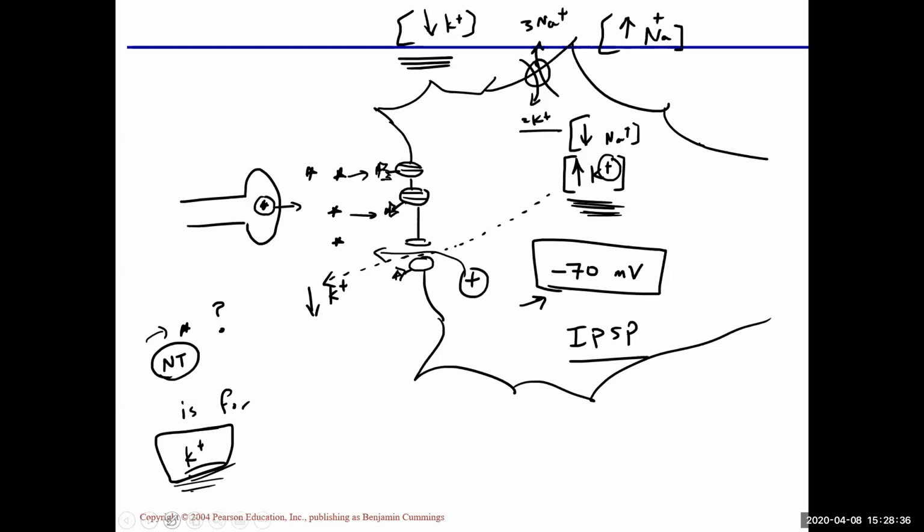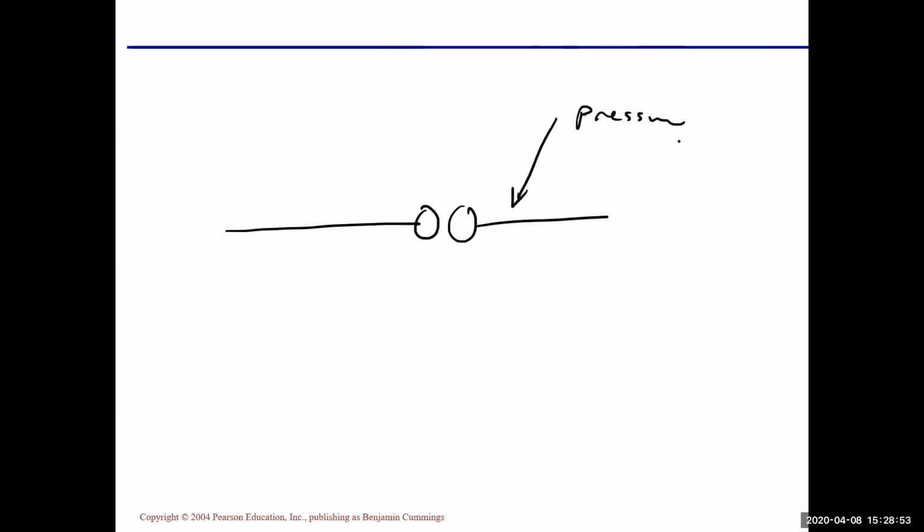Now, I have to add a few things. Sometimes you'll have, for instance, a nerve underneath your skin, and if you put in a certain pressure, these channels might get open.